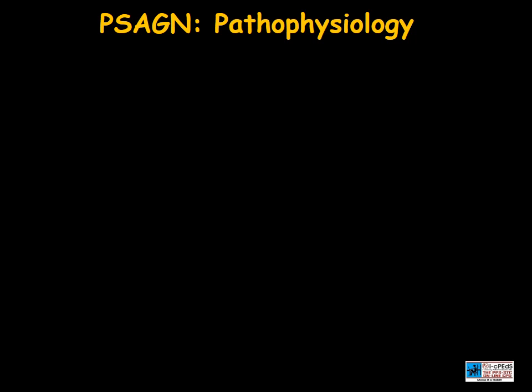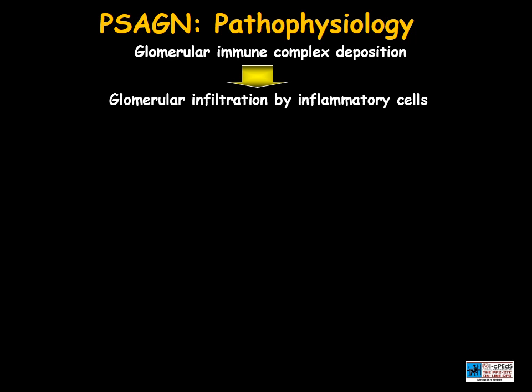Understanding the pathophysiology of acute glomerulonephritis is important in knowing the clinical manifestations of the disease. As mentioned, immune complexes are formed and deposited in the glomerulus.